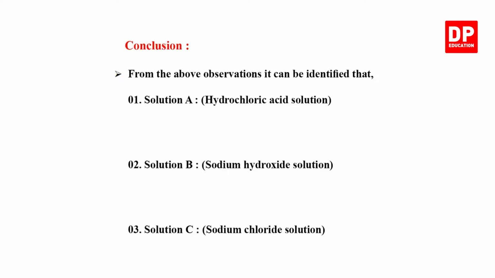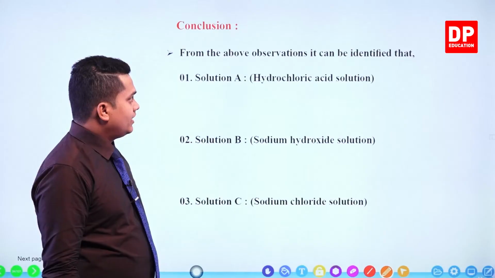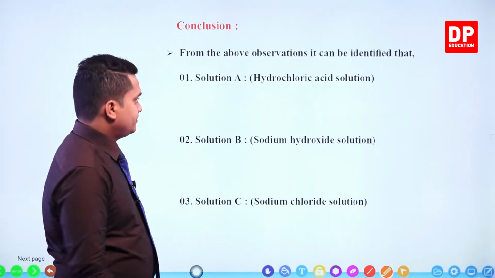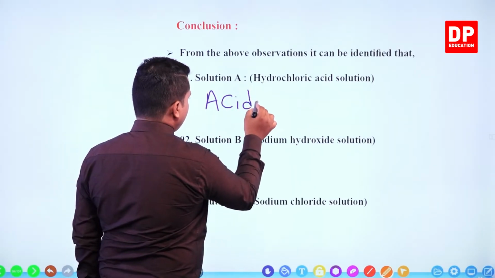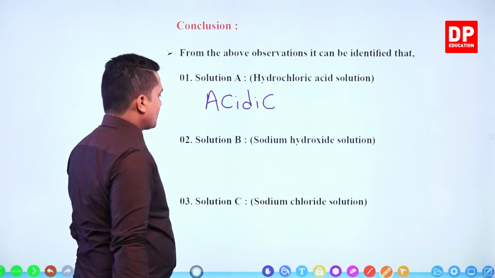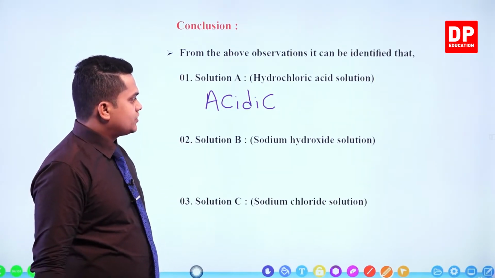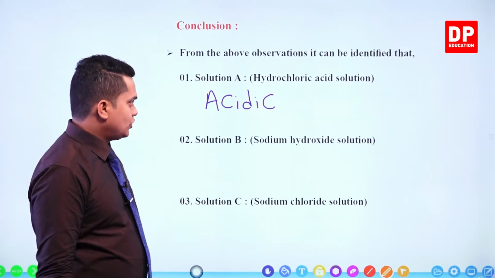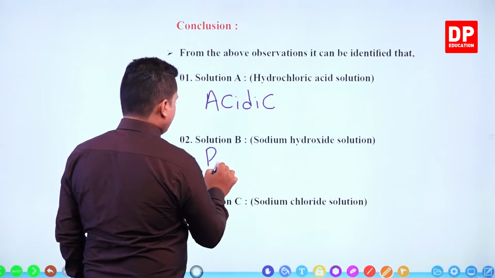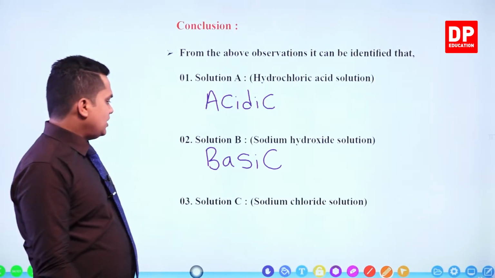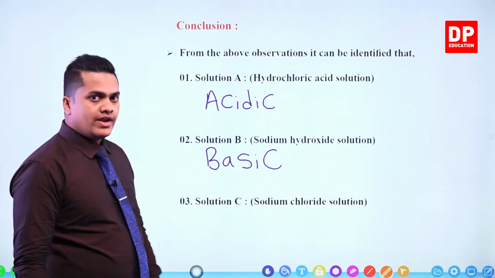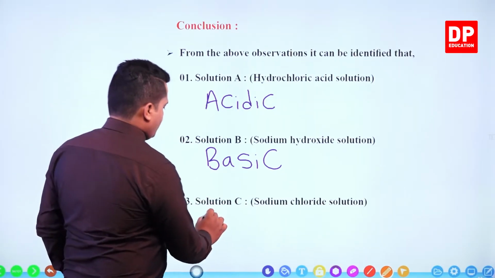From the above observations, it can be identified that solution A, hydrochloric acid solution, is acidic. Solution B, sodium hydroxide solution, is basic. Solution C, sodium chloride solution, is neutral.